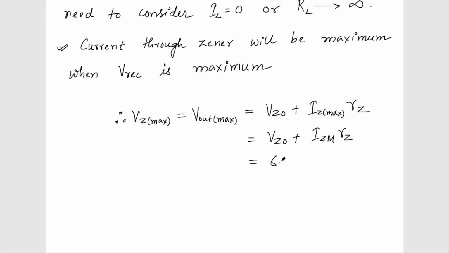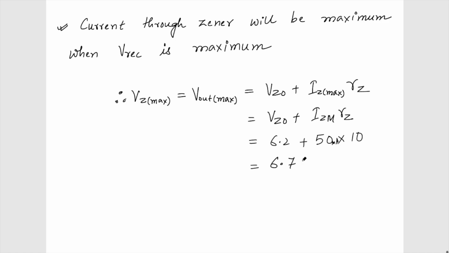So this is 6.2 plus 50 into RZ, which is 10. The 50 is milliampere, and 10 ohms, so it is around 6.7 volt. 6.7 volt.